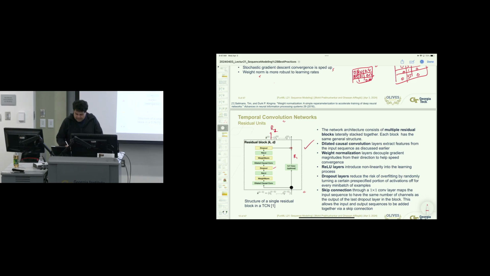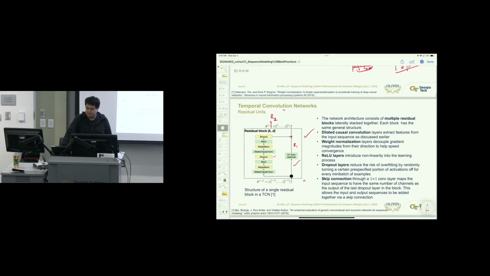And there is a skip connection from the input to the end as well, similar to how we had within the ResNet architectures within our CNN frameworks. So very similar to CNN. The most important difference, of course, is that this is a 1D convolutional setup, and we have a weight norm rather than a batch norm in this kind of architecture. And it's called a TCN, which is a temporal convolutional network.